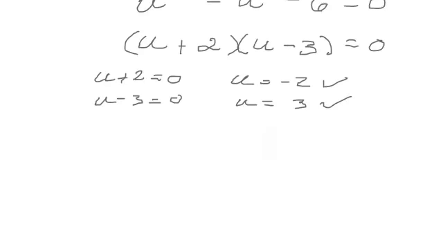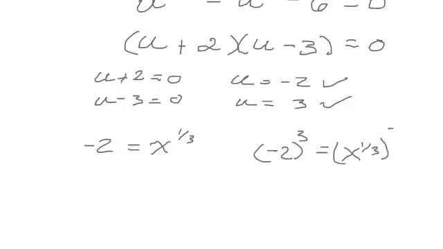So what we'll do now is take this negative 2, since that's u, and remember that u was equal to x to the 1/3. And so now we need to solve for x in this problem, and that means that we'll have to cube both sides, right, if we want to solve for x here.